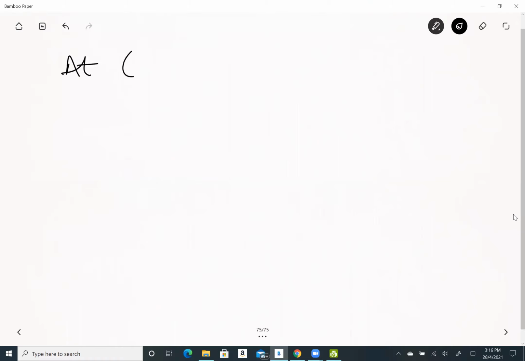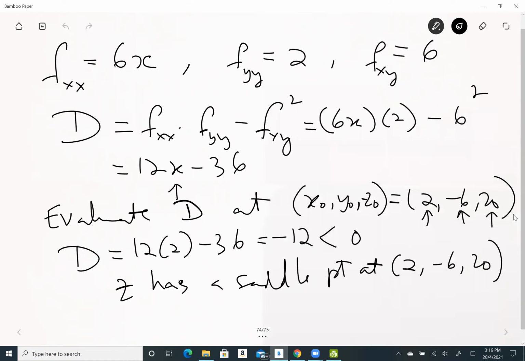So at the second point, x equal to 4, y equal to negative 12, 16. Okay, now get the D. What is the value of D? 12. Everybody got 12. So D is equal to 12x minus fxy squared.